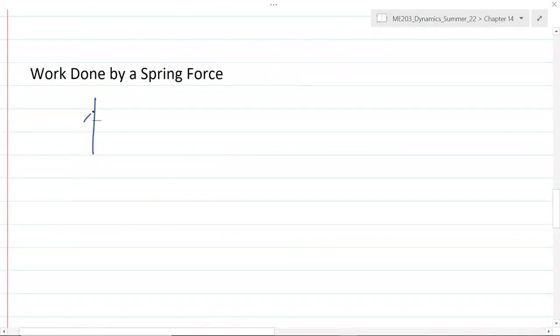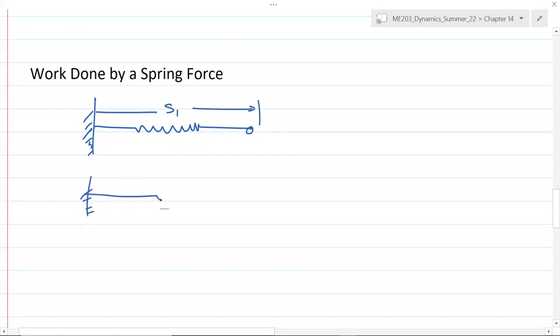So let's consider a spring here. Let's say this is the initial position of the spring, and this is S1. Now when force F is applied at the end of the spring, let's say someone pulls the spring and stretches it so that the spring changes its length from S1 to S2.